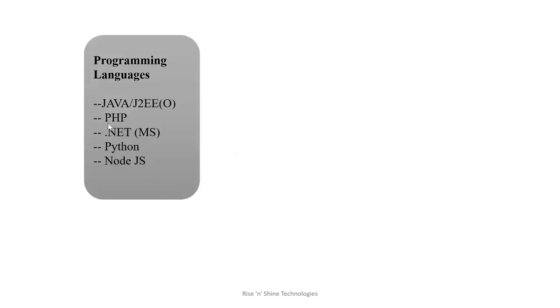And we have PHP, another programming language. .NET from Microsoft, Python, Ruby, Node.js. So there are different programming languages available in the market. SQL is not a programming language, that is a database side.